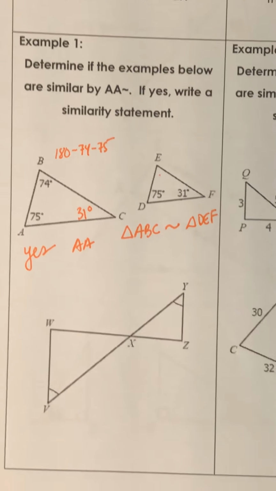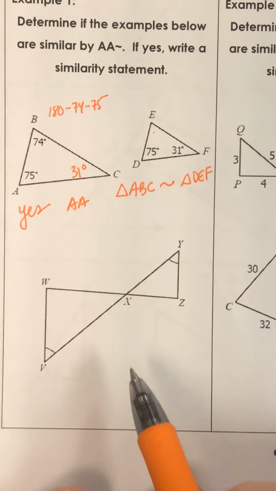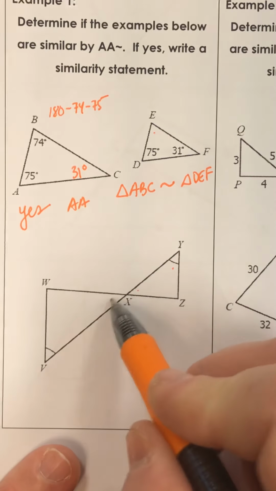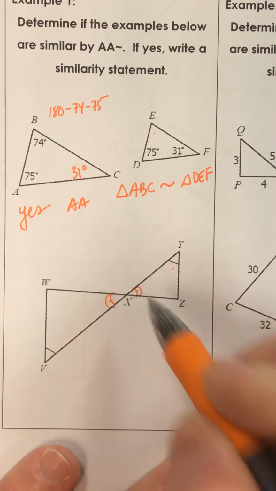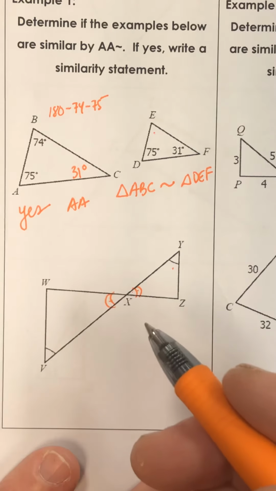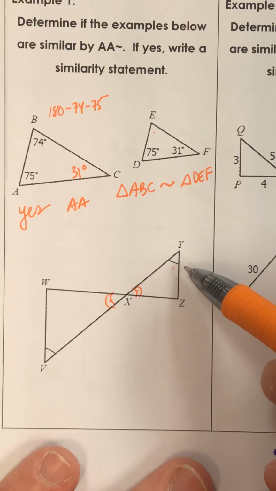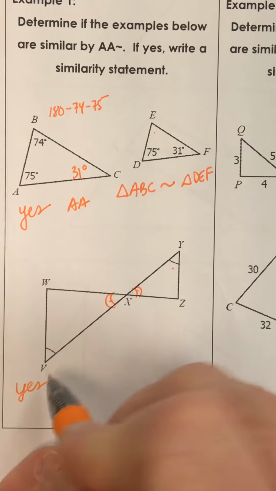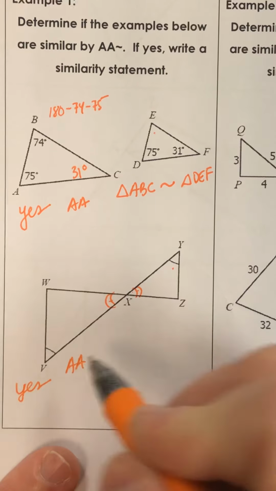And this next one, are they similar? Well, I have an angle here. Oh, we do have vertical angles, so that's something we had to figure out on our own there. So we have vertical angles, so we have two angles congruent to two angles in this triangle, so yes, they are similar by angle.